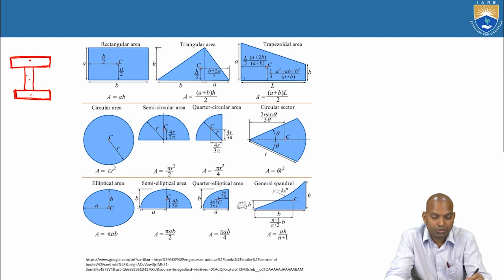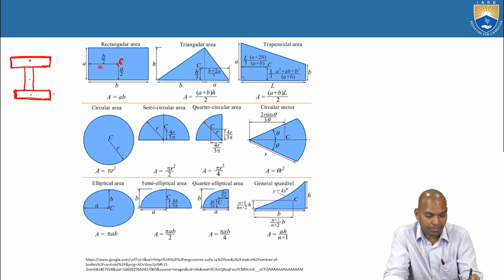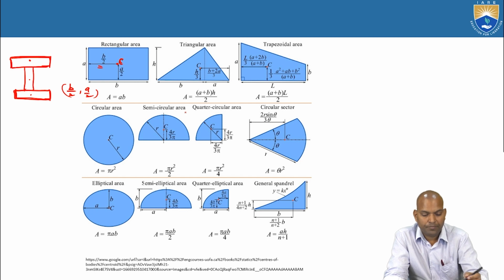So the centroid is located here. If the rectangle has width A and length B, the centroid is at B by 2, comma A by 2.